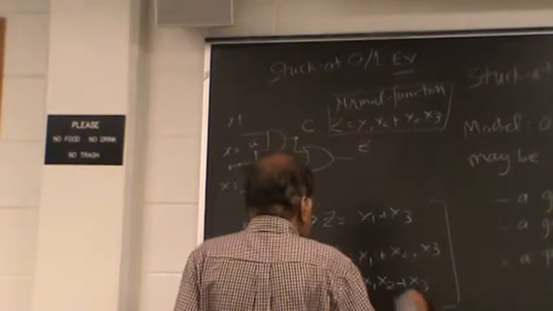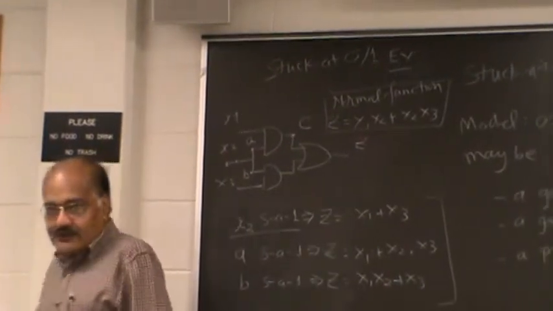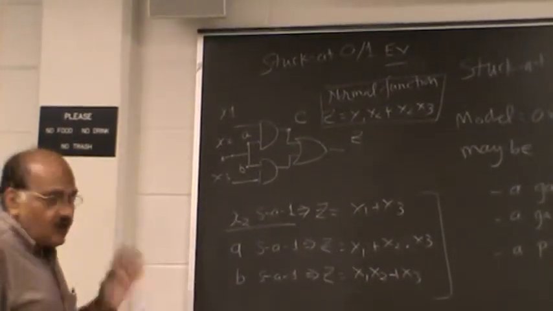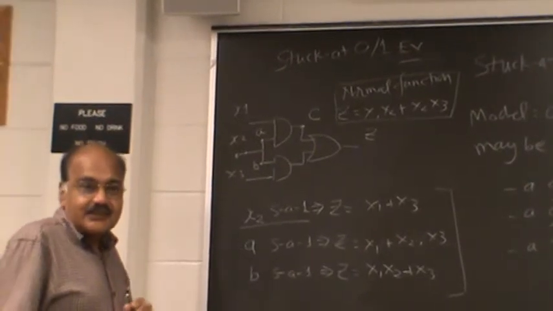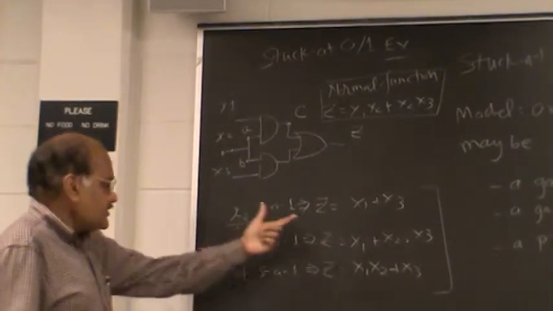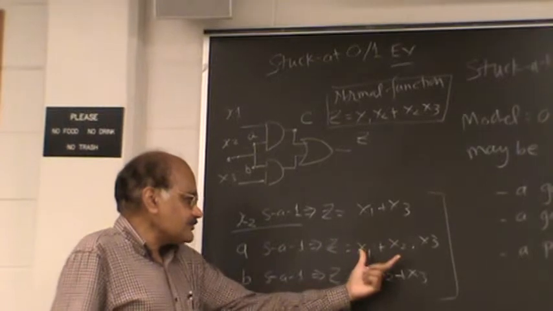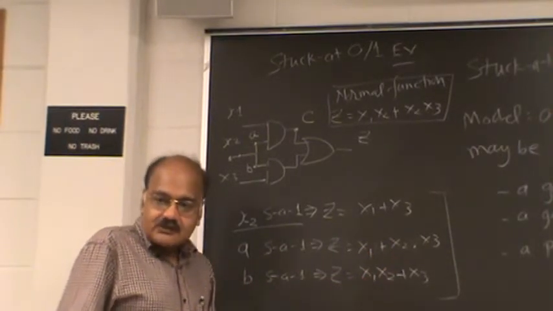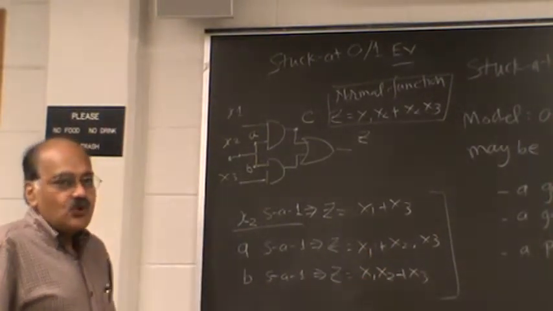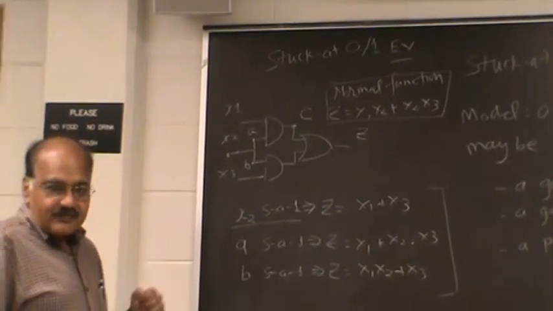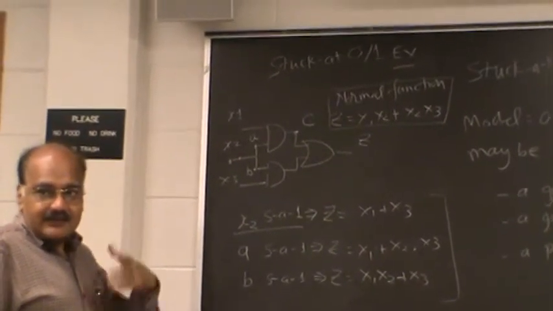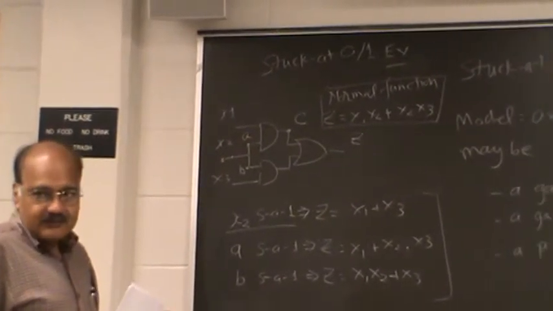So compare these three here. You can see that the faulty function in the three cases is different. This is the faulty function in this case, in this case, and in this case. So in general, these faults are not equivalent. They can have a different effect.